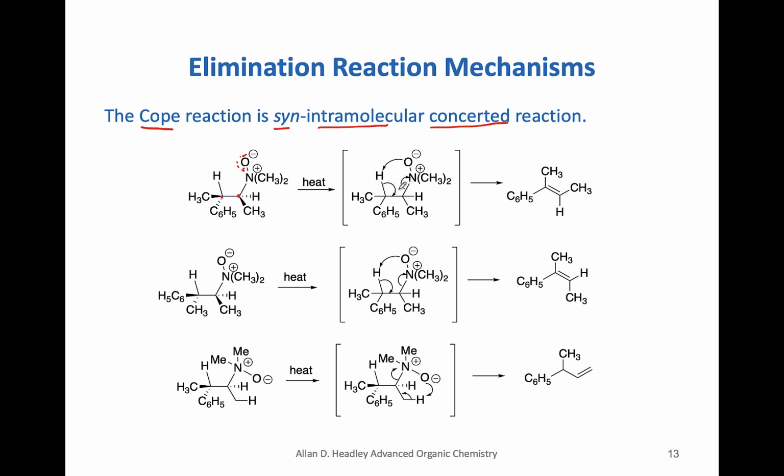This can swing in, and now this leaves. So the base is now the leaving group. So the alkene forms here. As you can tell here, this is the enantiomeric carbon compared to this, where this group is in the back, and this is in the front compared to here.